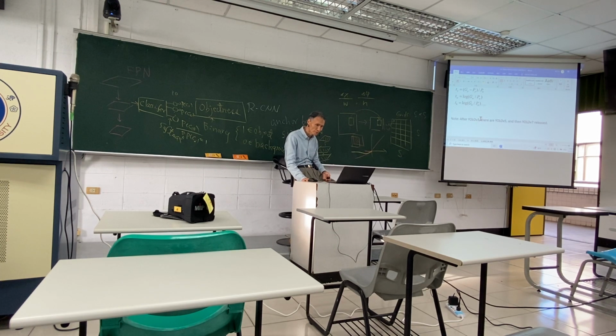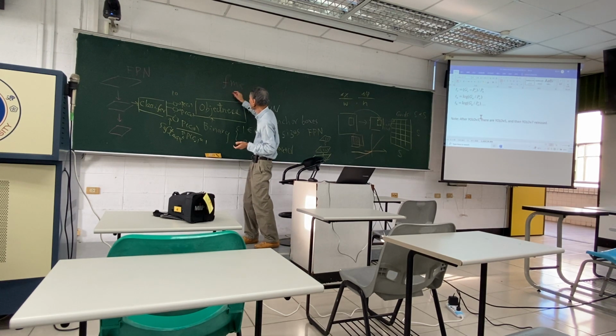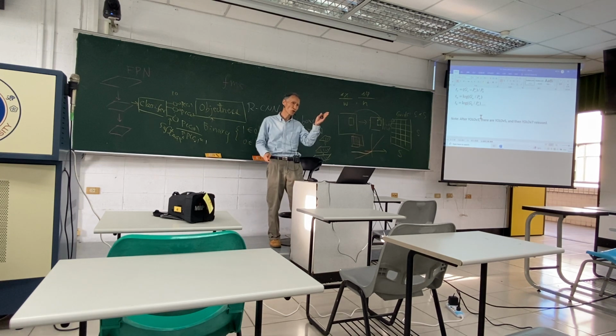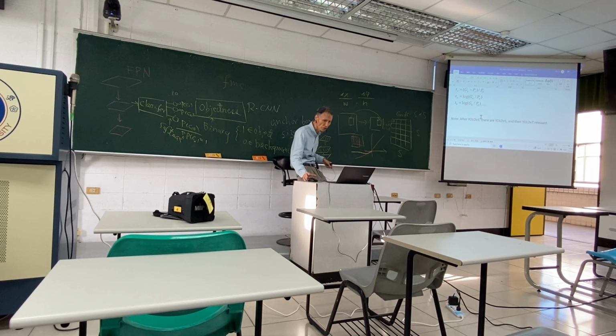And now the frame rate can be more than 50 frames per second, and up to 100, depending on the hardware you use. So it can detect 50 to 100 frames per second, and that's why it's quite fast, especially compared with region-based CNN for object detection.